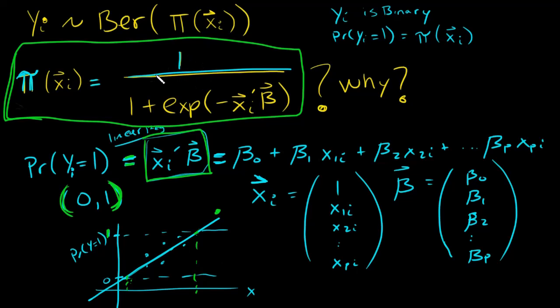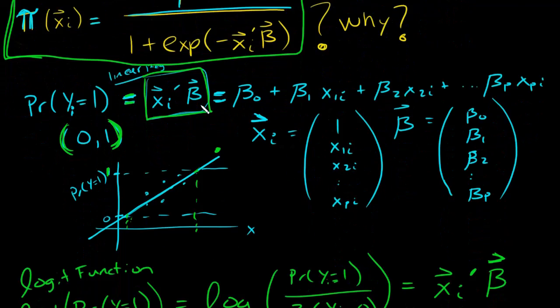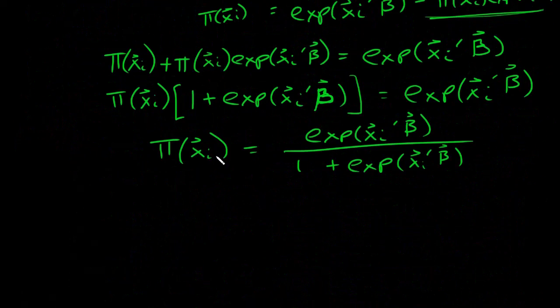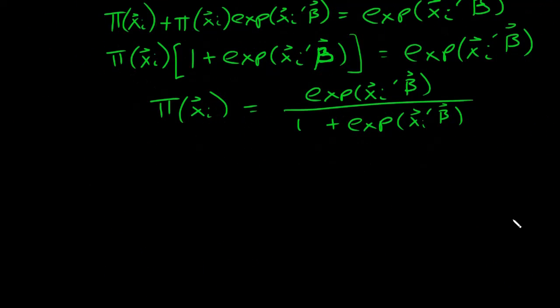But if you go up to the top, that's still not what I have up here. A lot of times it's better to write it like what I have here when I'm finding my likelihood function. So how do I show that those two things are the same? Well, I divide the numerator by e to the power of xi transpose times beta, and I also divide the denominator by it.